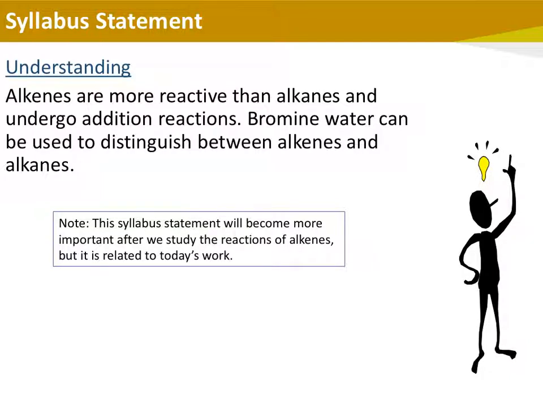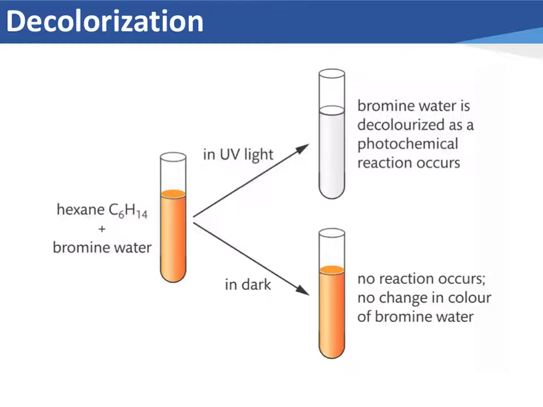So an understanding is that alkenes are more reactive than alkanes and undergo addition reactions. Bromine water can be used to distinguish between alkenes and alkanes. And this syllabus statement will become much more important in our future video. But for today, it's a little bit relevant because what we just observed is if I have hexane and bromine water, and this is actually the reaction that I'm going to show you in a separate video, in the presence of UV light, the brownish color of the bromine will disappear as the bromine is added to the alkane.